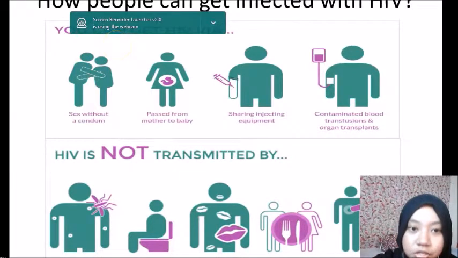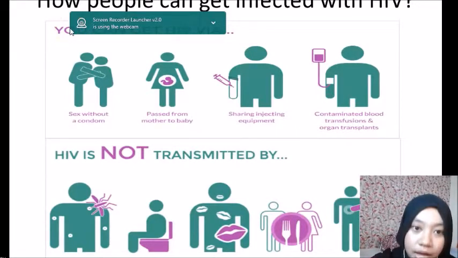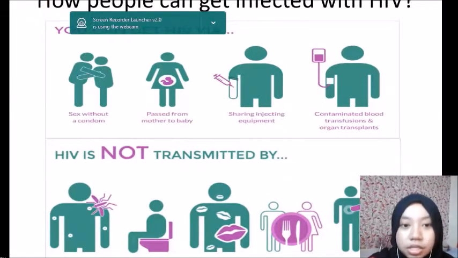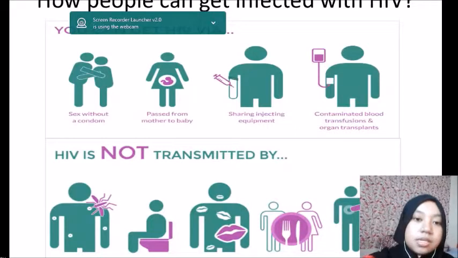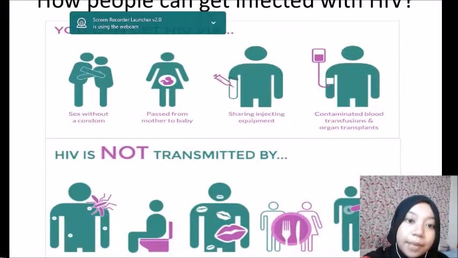HIV patients need to wear a condom to prevent transmission to their partner, because HIV can be transmitted by fluid transmission or blood contact. Sexual intercourse may result in tears or abrasions, which allow fluid transmission or blood contact to the partner.